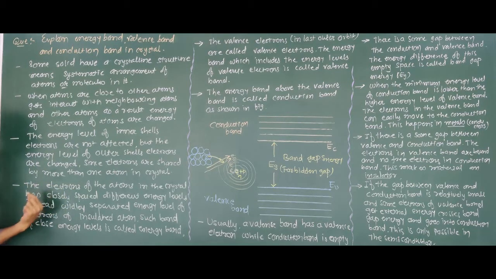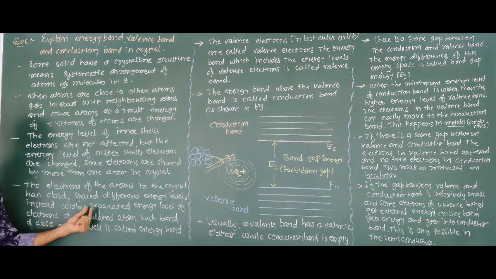The electrons of the atoms in the crystal have closely spaced different energy levels, instead of the widely separated energy levels of electrons of an insulated atom. In a crystal, or the metals or conductors, the electrons of the atoms have closely spaced different energy levels, instead of widely separated energy levels of electrons of insulated atoms.